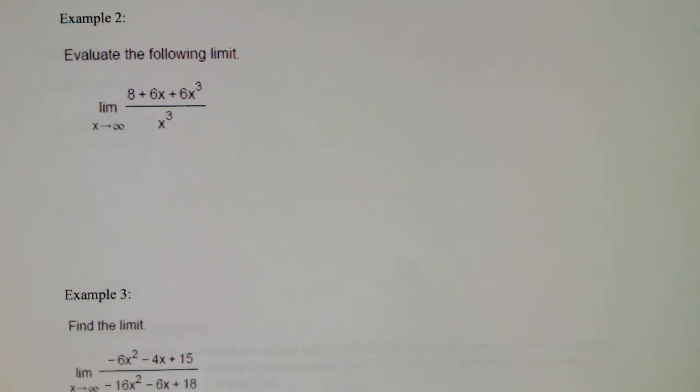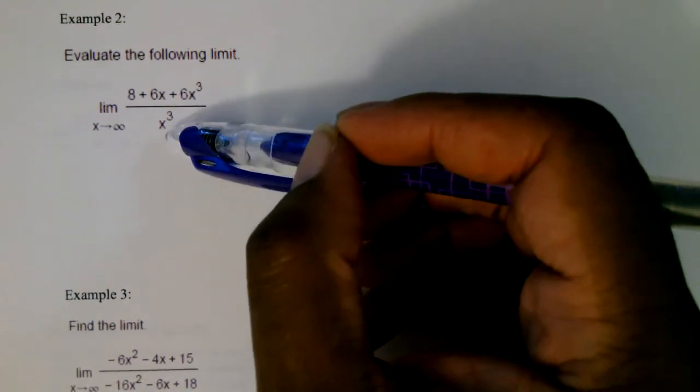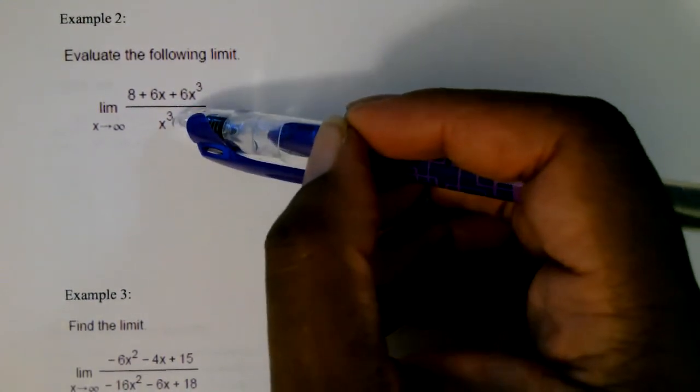So here's what we're going to do. To calculate that, we divide both the numerator and the denominator by x to the n, where n is the largest power appearing in the denominator. The largest power that appears in the denominator for x is 3, so it'll be x cubed.